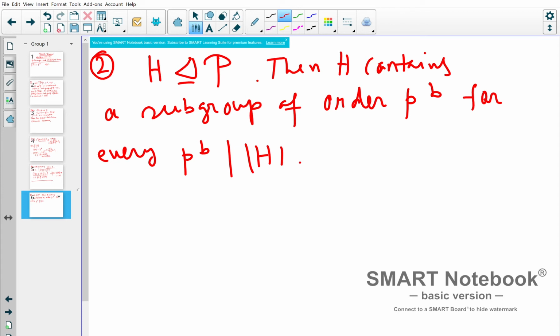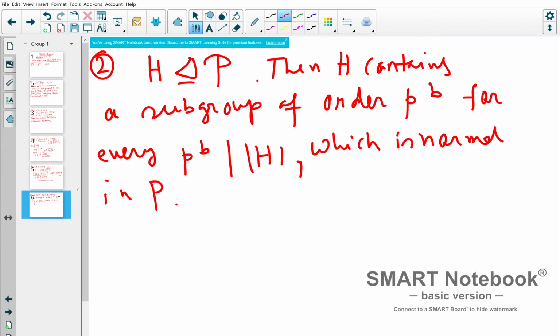That means whenever any p power b divides, this also is a subgroup of order p power b, which is normal in P. So what does that mean?